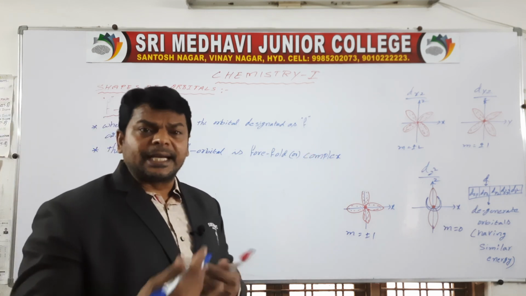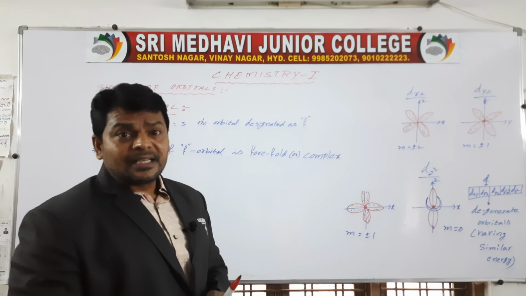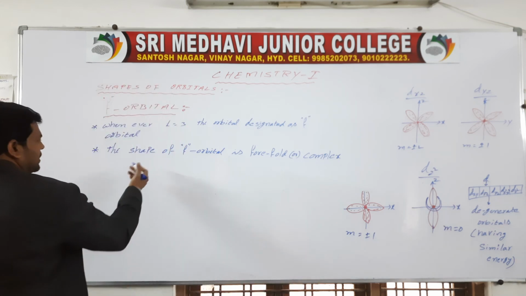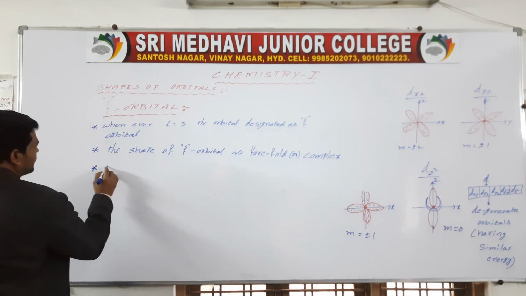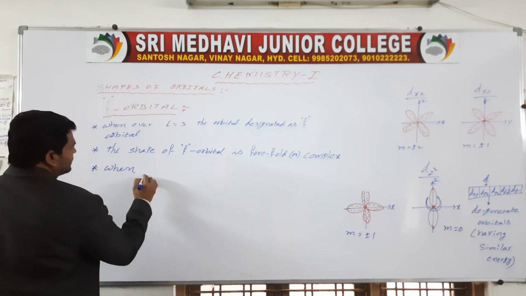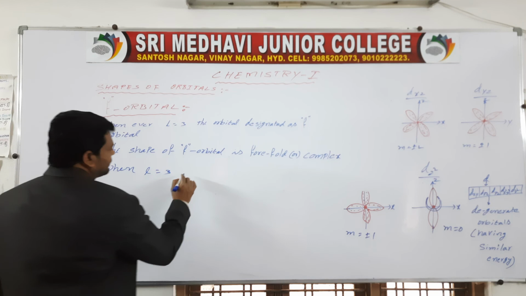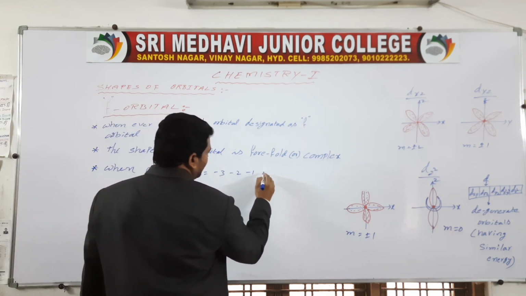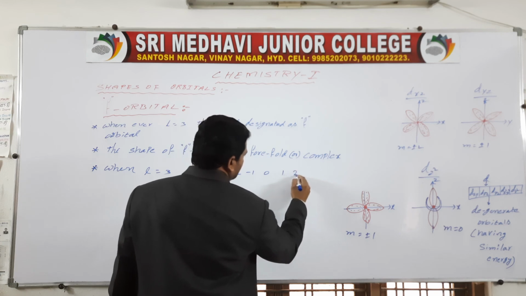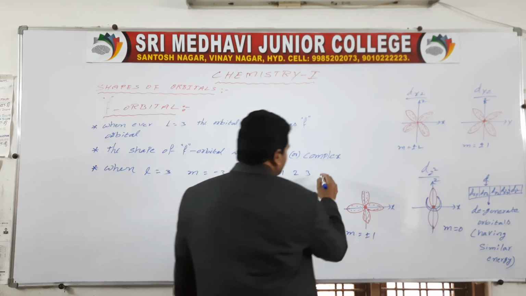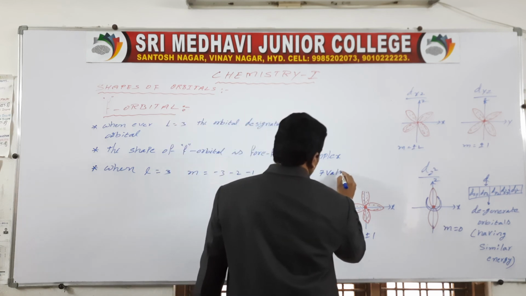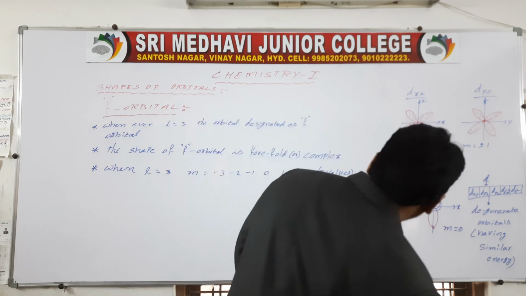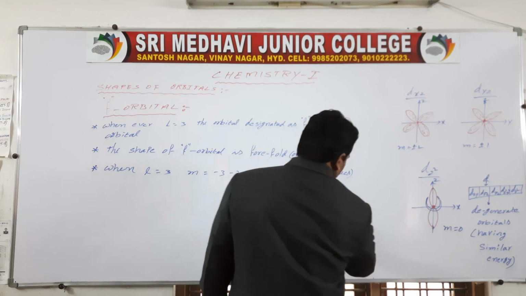It is very complicated to draw. It has 6 lobes. Then when l is equal to 3, m equals -3, -2, -1, 0, 1, 2, 3. That is 7 values for the f orbital.